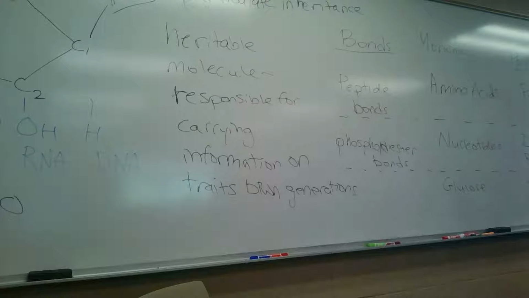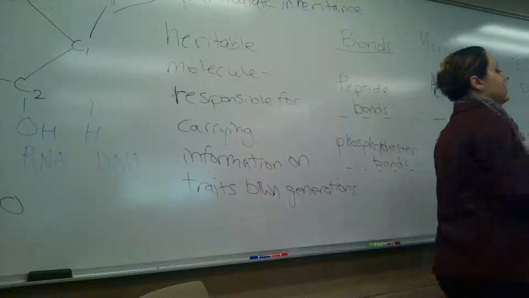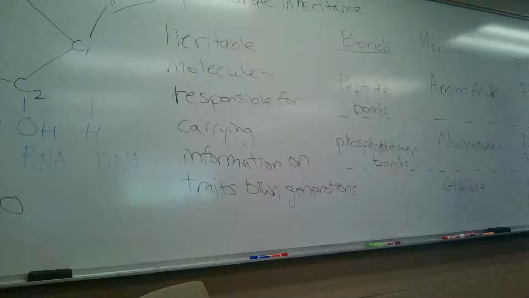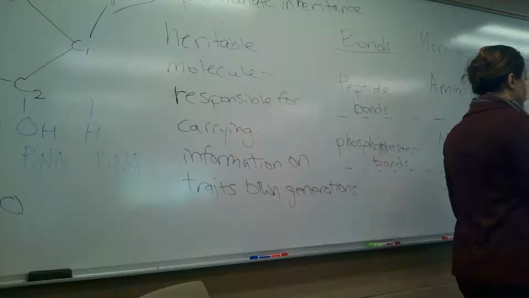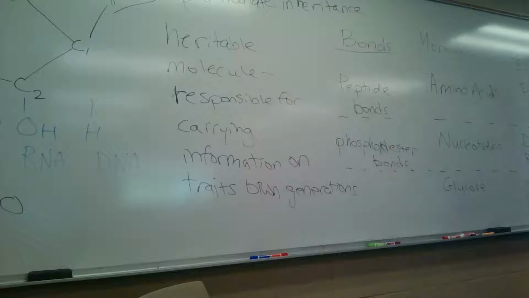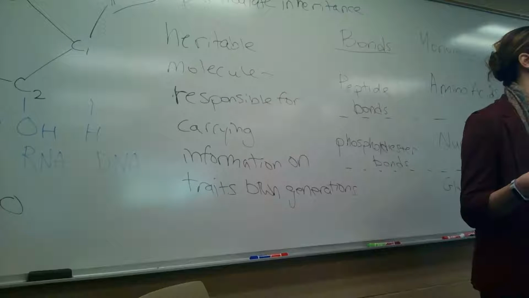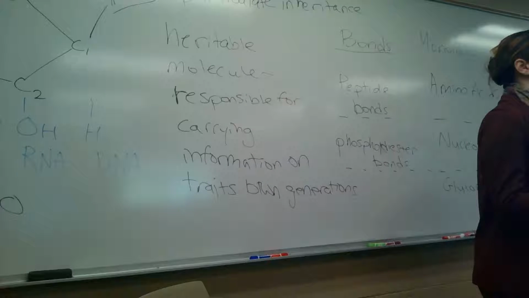So then when they were ready to test whether DNA or proteins were being injected into the bacterial cells, they first took these viruses that were labeled with radioactive sulfur. So are we labeling DNA or amino acids here?